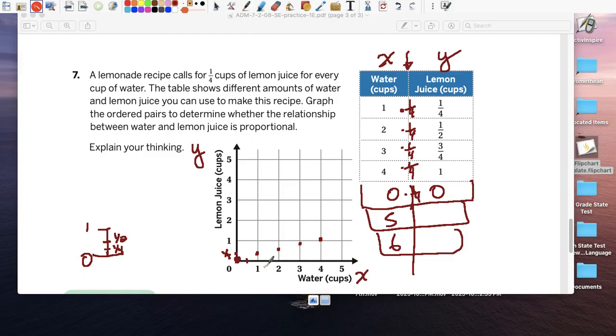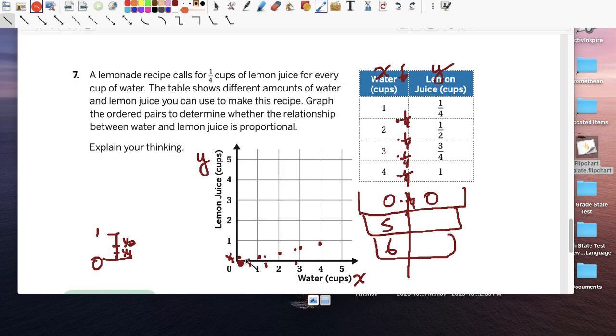Is that a possible scenario here? What if I use 1 1/3 cup of water? Then I need this point. What if I use 2 7/8 cup of water, which would be right here? So I would need this much juice. So in this case, I think we can connect the dots because it would make sense.